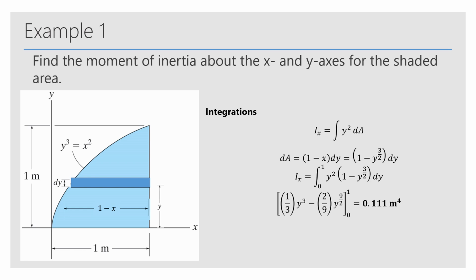For dA, we're using a horizontal strip, right? dA is represented by 1 minus x times dy to get that area. Then, doing some substitution, you end up with the following integral, and you end up with your final answer for the inertia in the x direction as 0.111 meters to the fourth.